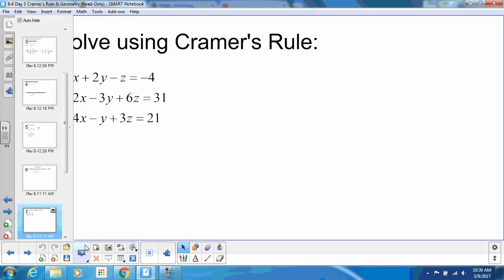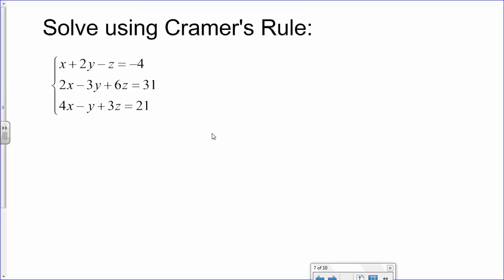Let's practice another Cramer's rule. So this is the end of 6.4.